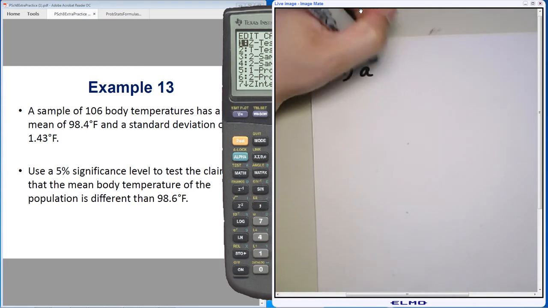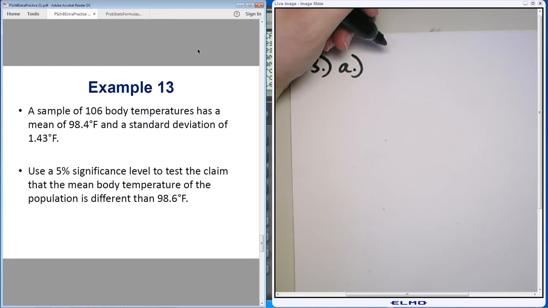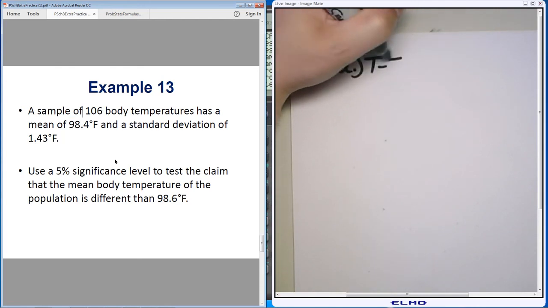First, the type of test. It does mention a mean, so it's a z or a t. We have a standard deviation, but notice that it is from this sample. Since it's from a sample, this is a t-test.